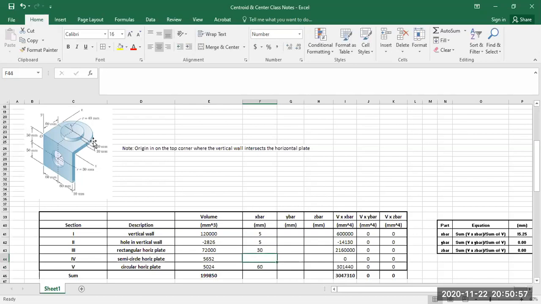Then for the semicircle, now we have to look it up. We know it's going to be 60 plus whatever the centroid happens to be. Maybe I should pull that up, so just hang on a second.